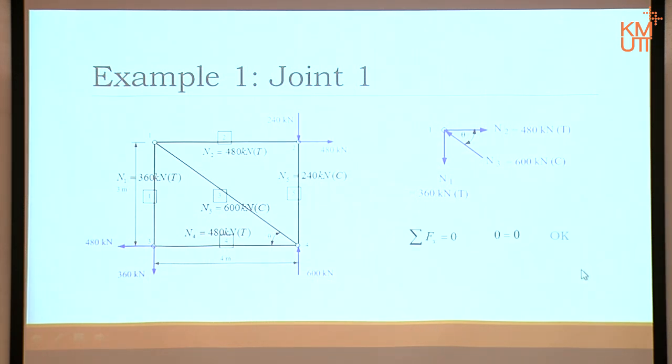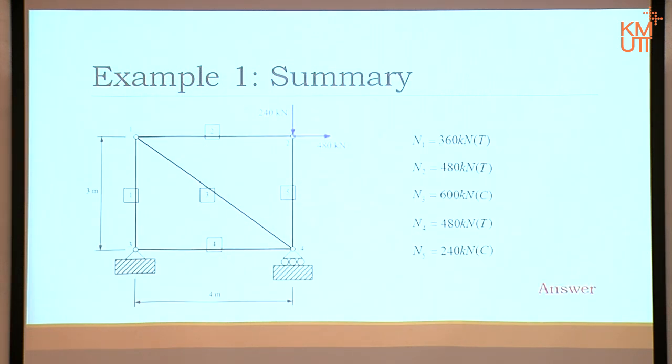Sigma Fx works out 0, fine. Sigma Fy works out 0, fine as well. Okay? So that's it. That's the answers. Well, at least you don't have to draw a graph. Any questions on this one? No? Okay.